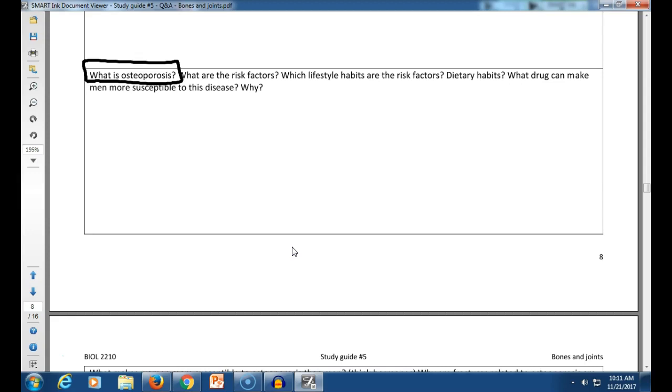Drugs. What can make men more susceptible to this disease? Think about this. Why, in the first place, are men not as susceptible? Testosterone doesn't stop being produced. So, go ahead. What can make men more susceptible?